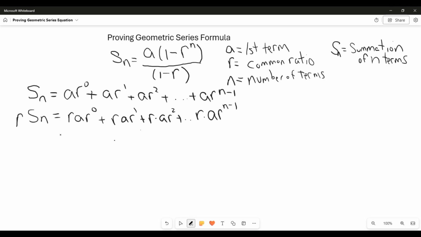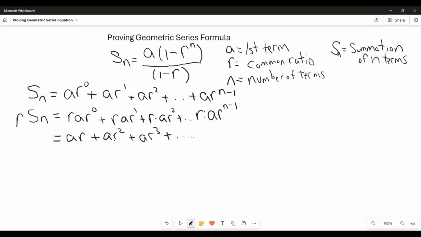Now, if we simplify these, you're going to see that r times r to the 0, you just add the exponents. So I have ar. And then here, r times r is r squared, so I have ar squared, and then ar to the third. And it continues all the way until r times r to the n minus 1. Well, this is a hidden 1, right?